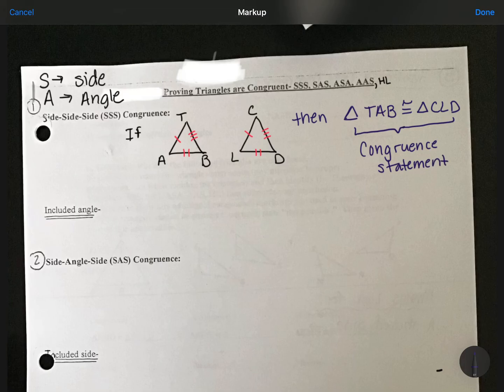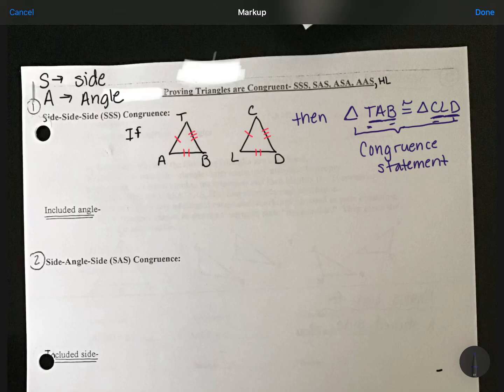Order of the letters matters. I have to make sure that I put the corresponding congruent sides in the same order. So I just named my TA side with the CL side because they are corresponding. If you take a look at the triangles, TA and CL are congruent, AB and LD are congruent, and then of course TB and CD are congruent.